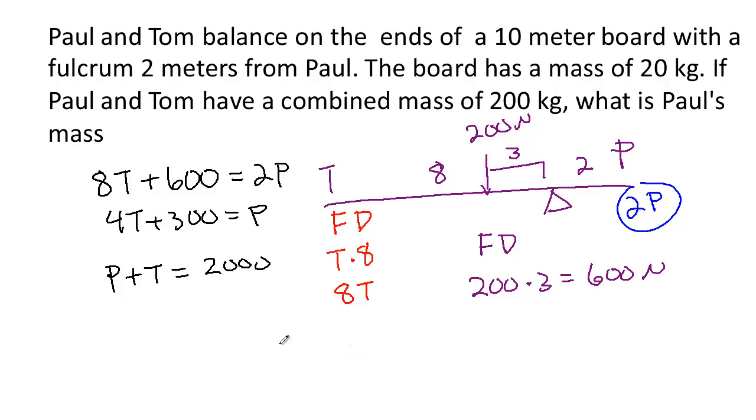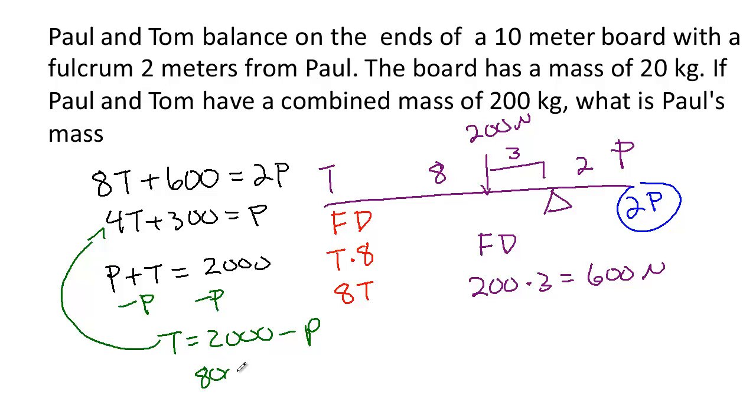Now this is where we might have to freshen up our algebra skills. Subtract P from both sides, and we get Tom's force is equal to 2,000 minus Paul's force. And then we can plug that into this equation here. And then we get 8,000 minus 4P plus 300 is equal to P. Or 8,300 is equal to 5P.